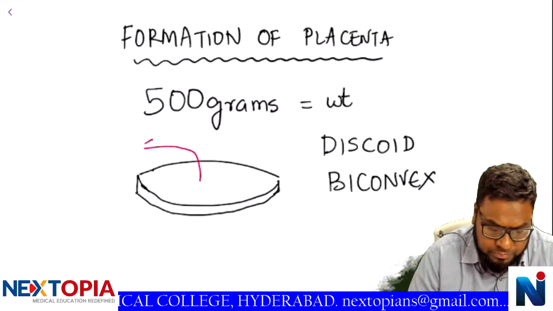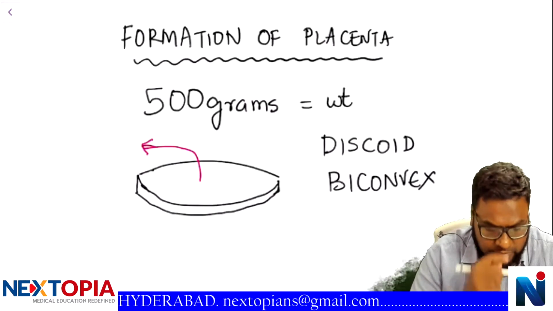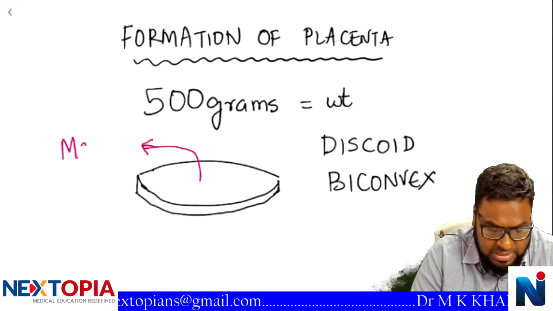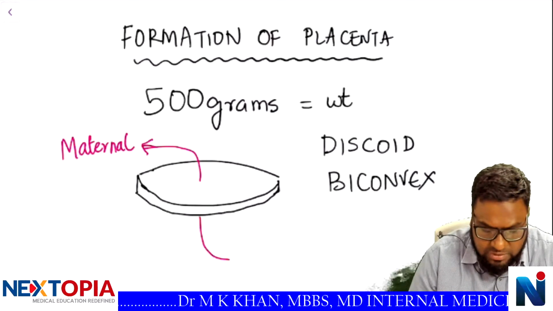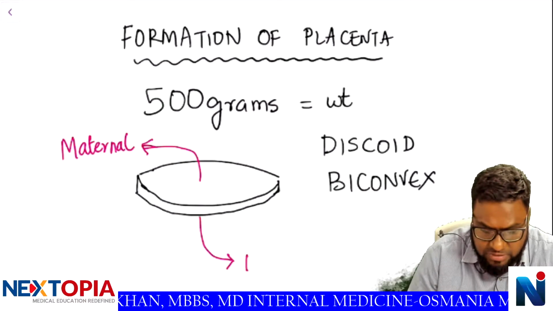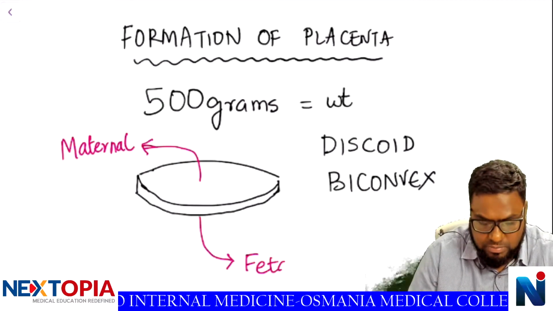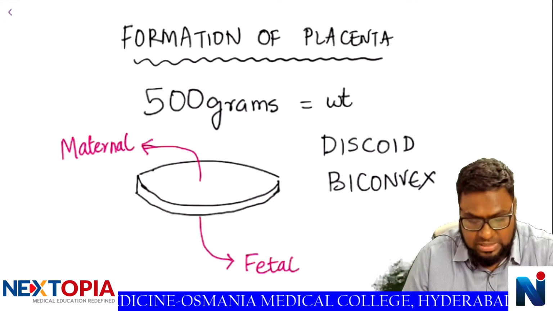The surface towards the uterus, you call it the maternal surface of the placenta. The surface towards the fetus, you call it the fetal surface of the placenta.